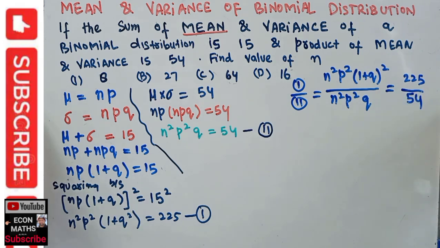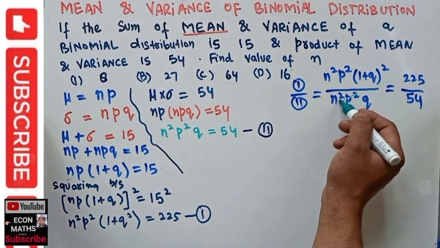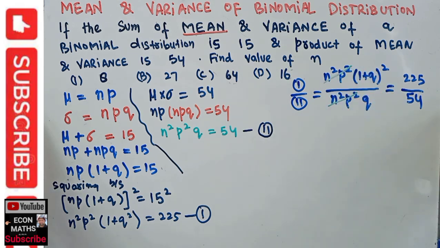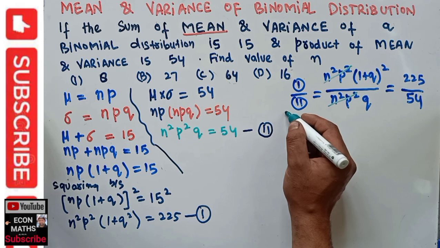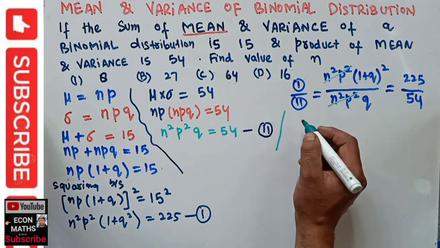Here we can do some cancellation. So n squared p squared gets cancelled, and we have (1 plus q) whole squared divided by q.